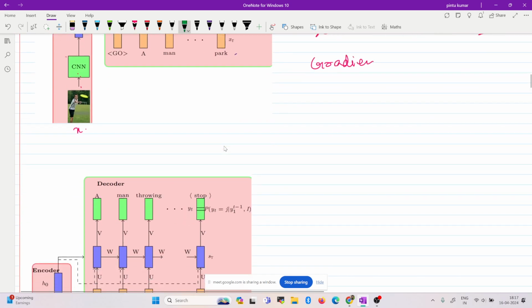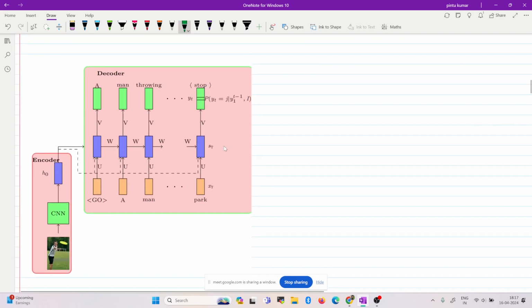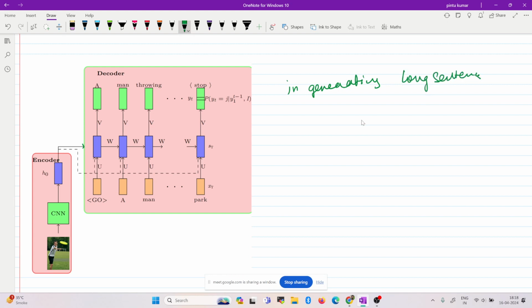So one option to overcome that is, rather than just inputting this H node that you obtain from the image to the first time step, you can input it to all the time steps. This might solve that problem in generating long sentences, so the information will not get lost.